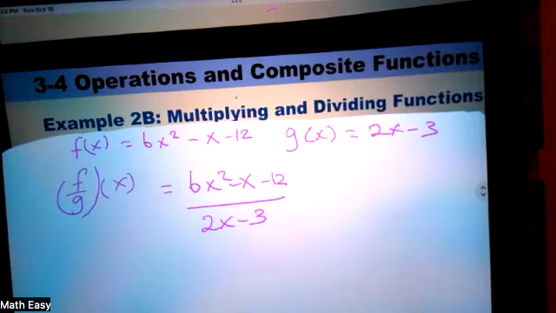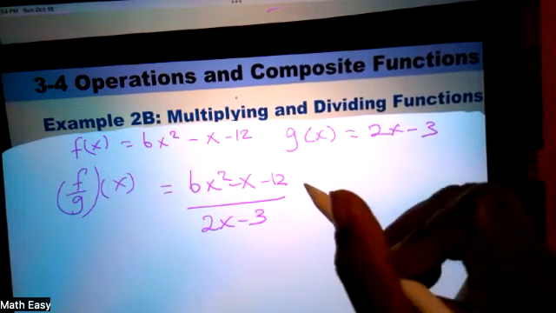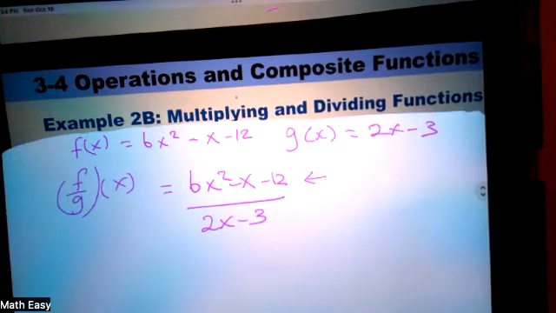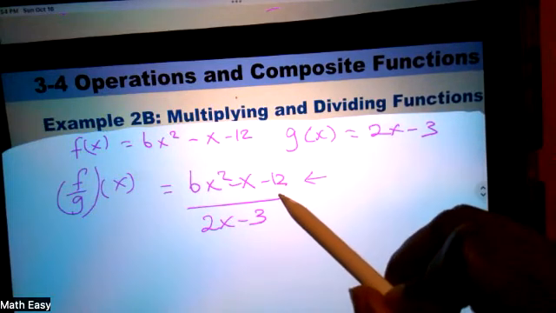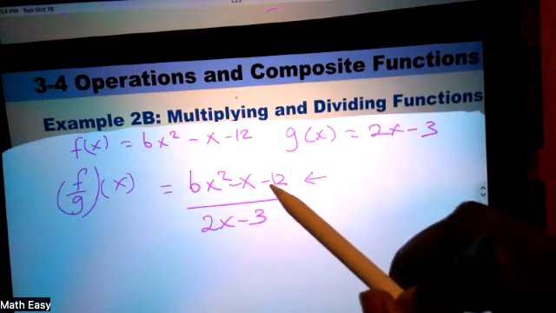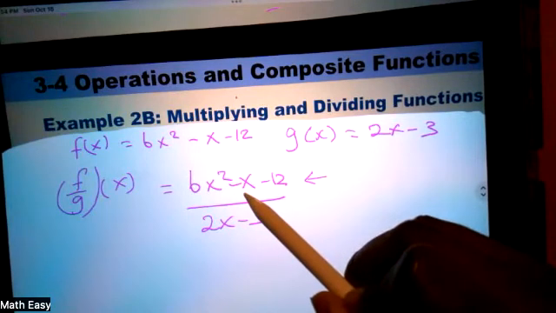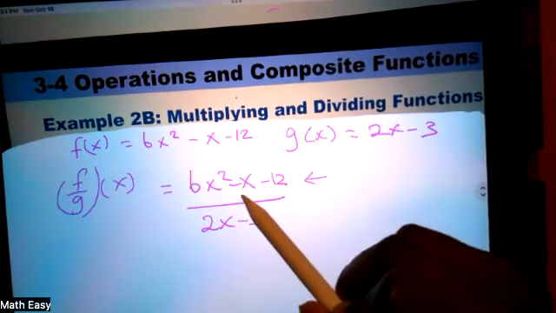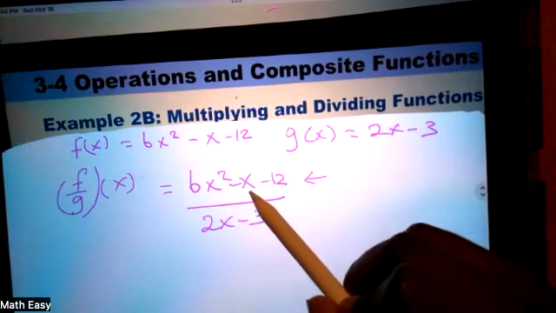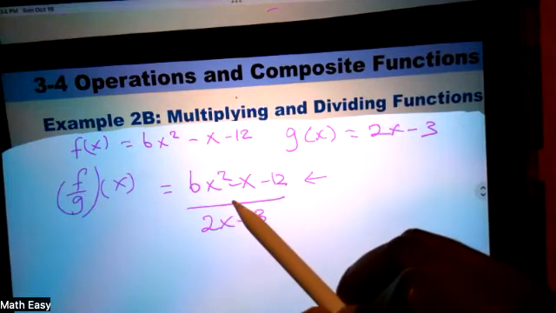Now, to make things less complicated, what we can do is to factorize our numerator. To factorize your numerator, you will get factors of 12, and the two factors of 12 should be multiplied together to get 12, but simplified together to get negative 1.